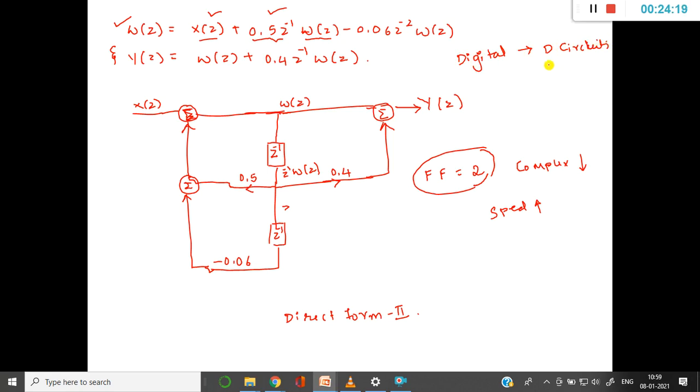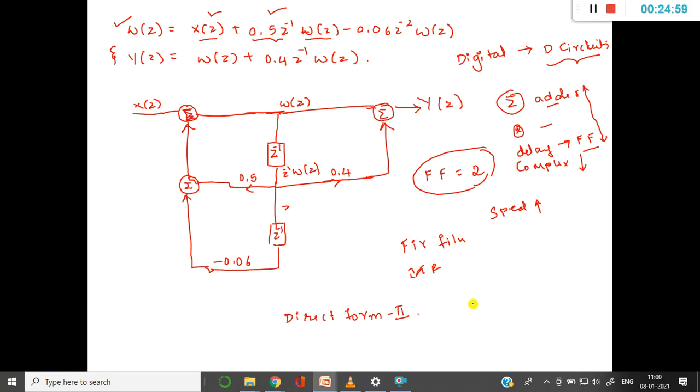An adder is one digital circuit here, and the multiplier is one more digital circuit. You know how to implement a multiplication in digital circuits. And one more is delay, which is nothing but flip-flops. So adder, multiplier, flip-flops: these three combinations give me a filter structure, FIR filter structure or IIR filter structures. That's it.